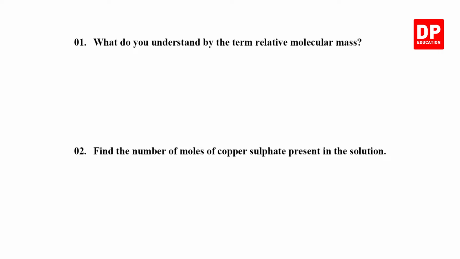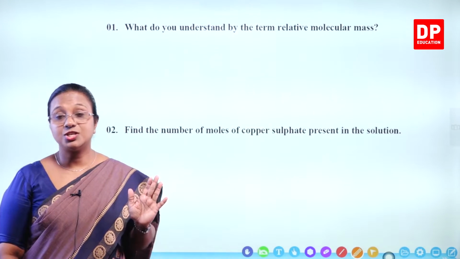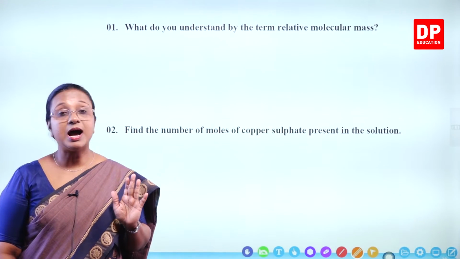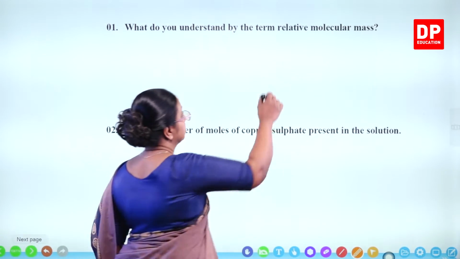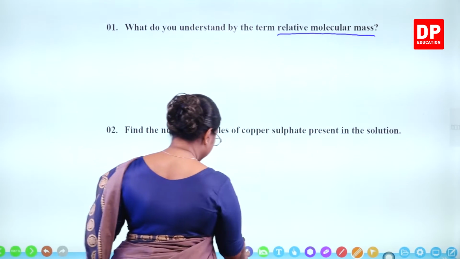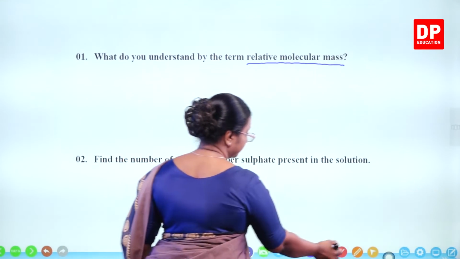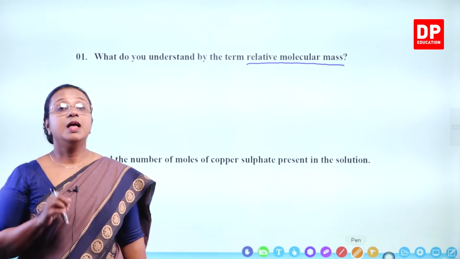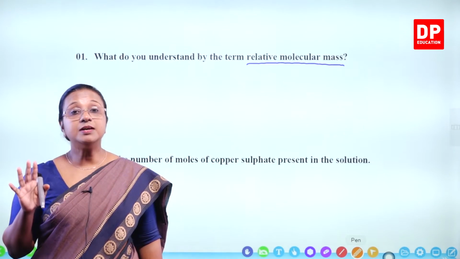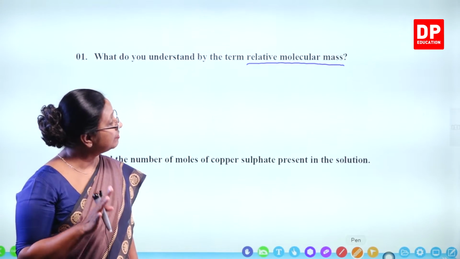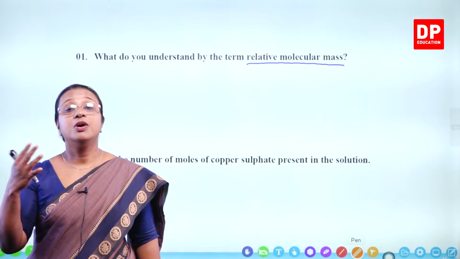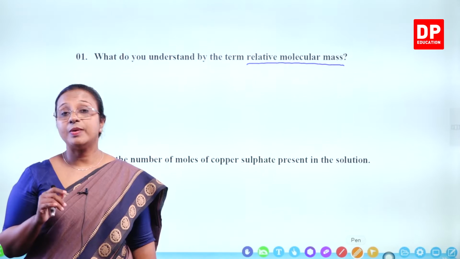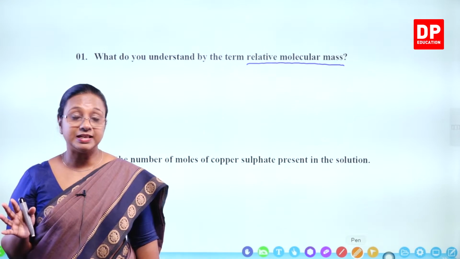What do you understand by the term relative molecular mass? Here you don't write the equation. You have to say what you understand. What is it? Relative molecular mass. What do you write there? The mass of a molecule of an element or a compound relative to 1/12 the mass of 12,6 carbon isotope atom.